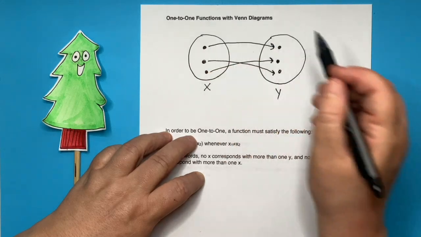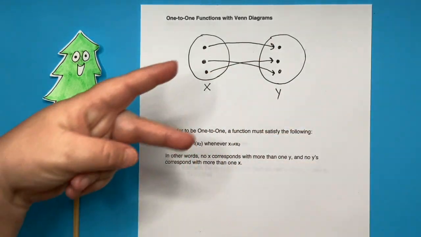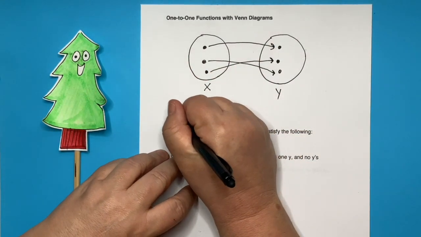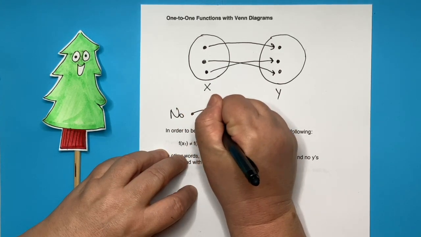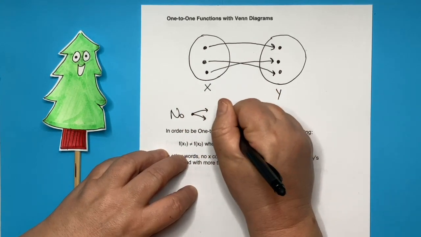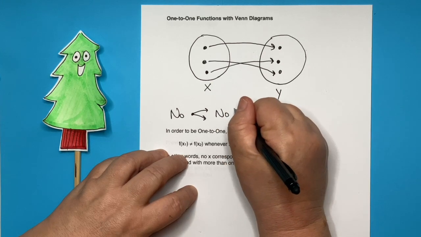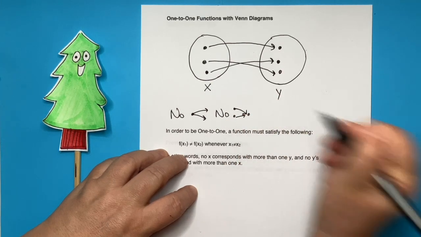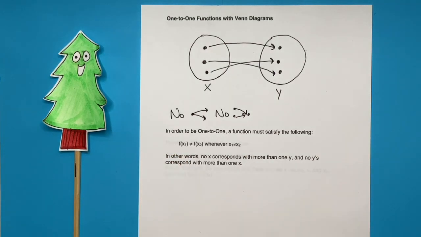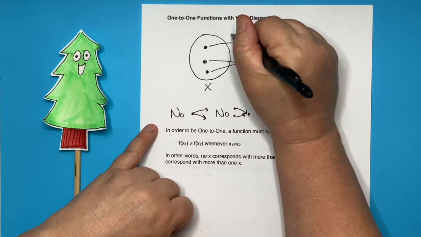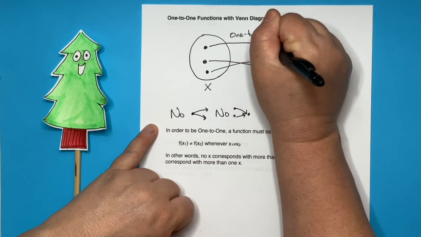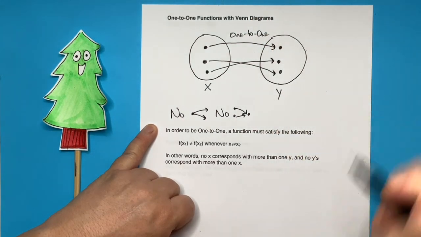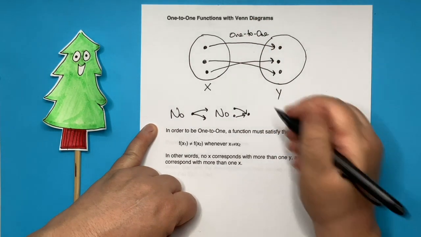So in other words, there's no x with two answers, and no y with two questions. Nobody shares. This is one-to-one. No double answers.